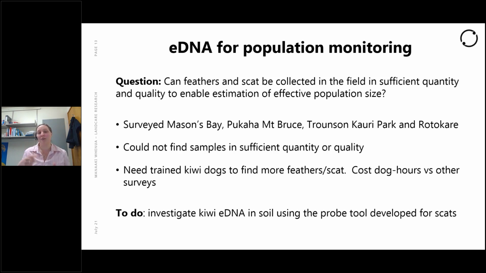But we believe that we would be able to provide other estimates of population parameters that may be useful. So watch this space for that one. It's something that we are going to continue to explore into the future. But essentially, we can use feathers to estimate effective population size if we can get them in high enough numbers.